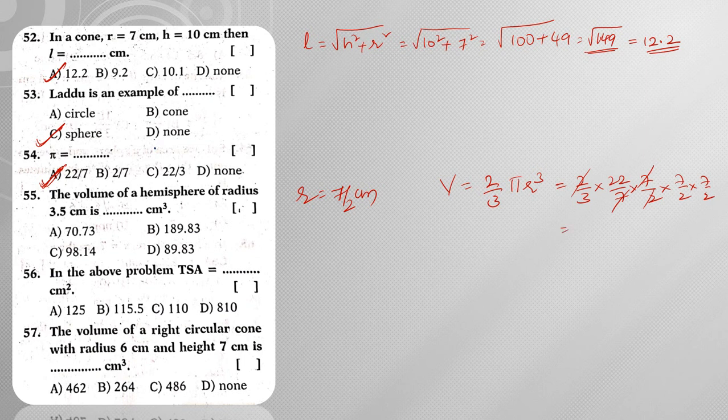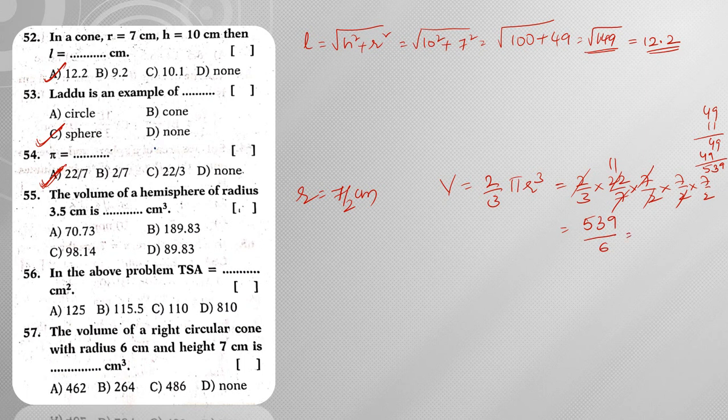Now simplification: 22 into 49, so 49 into 22. Here in the 2 table I can cancel this also. So 11 times 49 is 539, so this gives me 539 divided by 6.